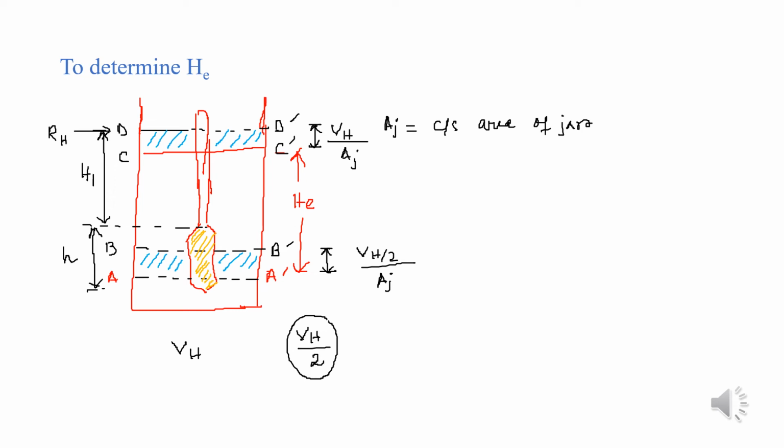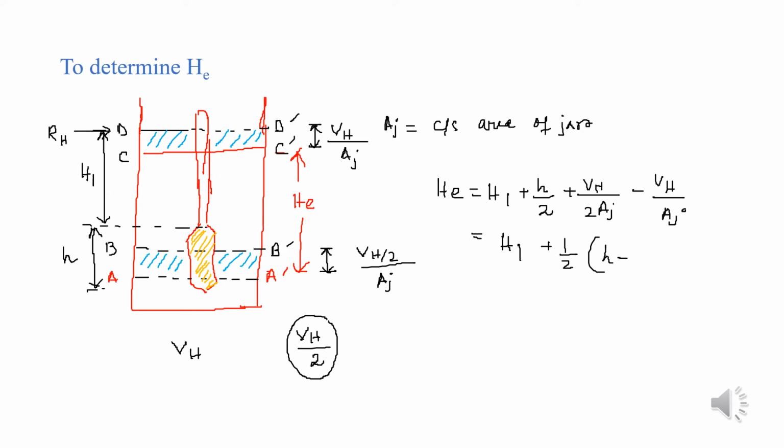Now we can write that our effective depth HE is equal to H1 plus h by 2 plus VH by 2AJ minus VH by AJ. We can also write after simplification, that HE is equal to H1 plus half small h minus VH by AJ.